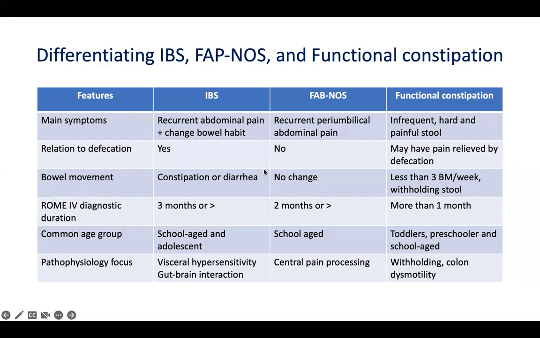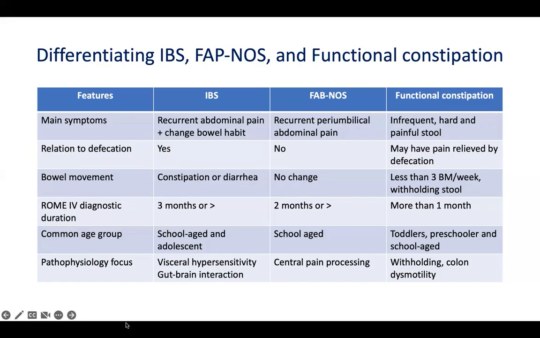For the diagnostic duration, you need at least 3 months for IBS, at least 2 months for the not otherwise specified, and at least 1 month for functional constipation. For the age group, all of them start from school age and older, but functional constipation starts in toddlers and continues through preschool and school age. And IBS is more common in adolescents.